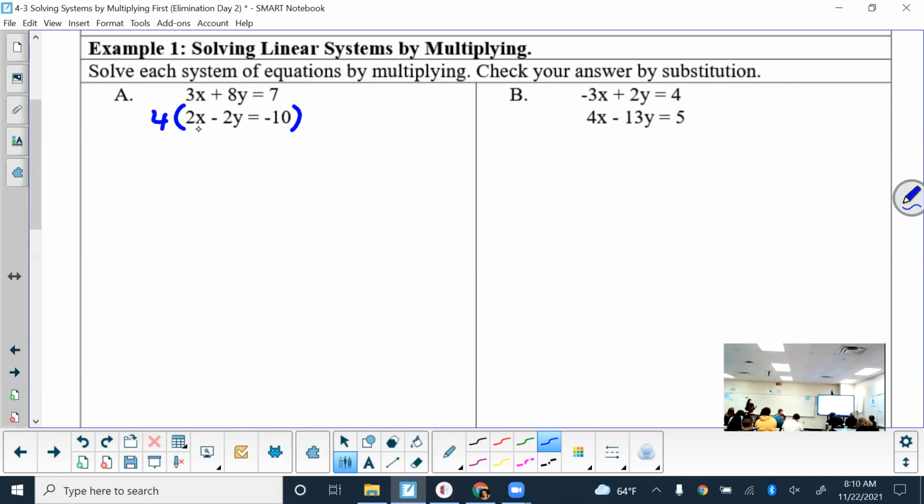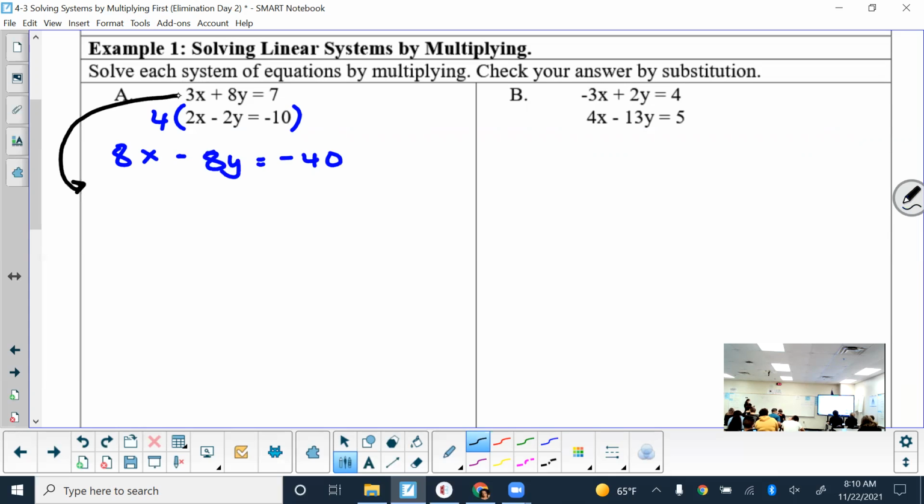So what's 4 times 2x? Good. 4 times negative 2y. And 4 times negative 10. Good. Do I need to change the top equation at all?